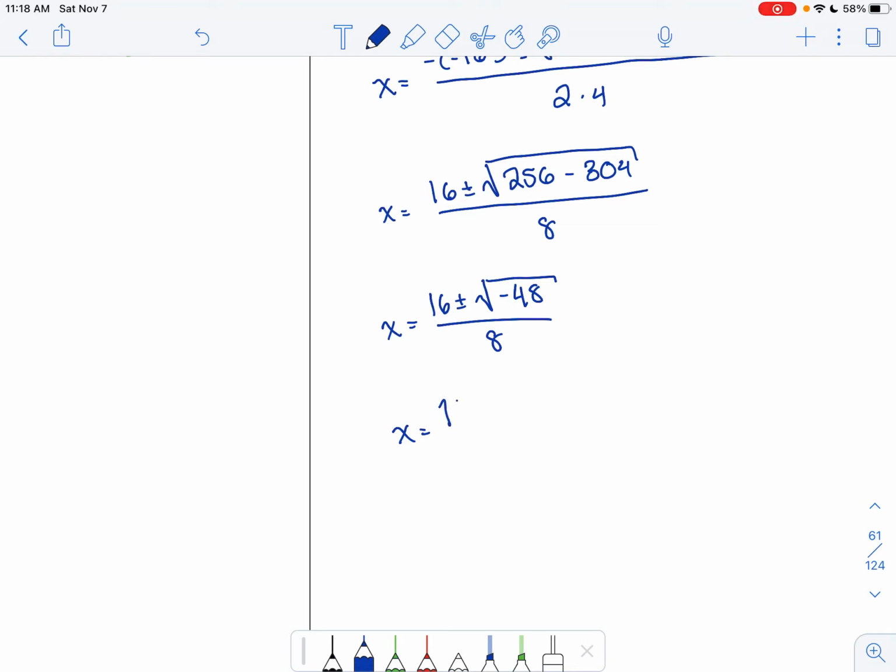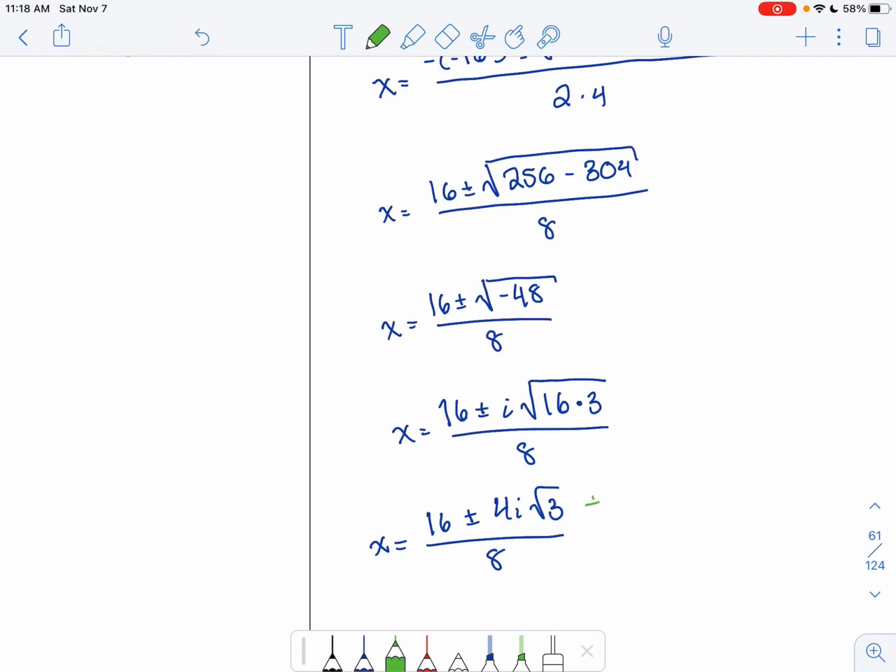So I'm going to start with the root. 16 plus or minus, take out the negative as i, and then 48 is 16 times 3, over 8, which gives us x is 16 plus or minus 4i root 3 over 8.